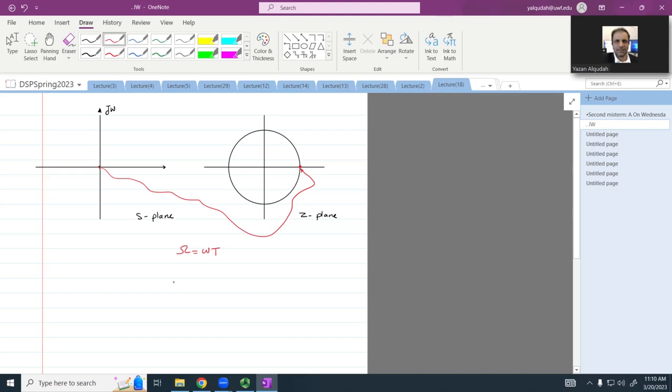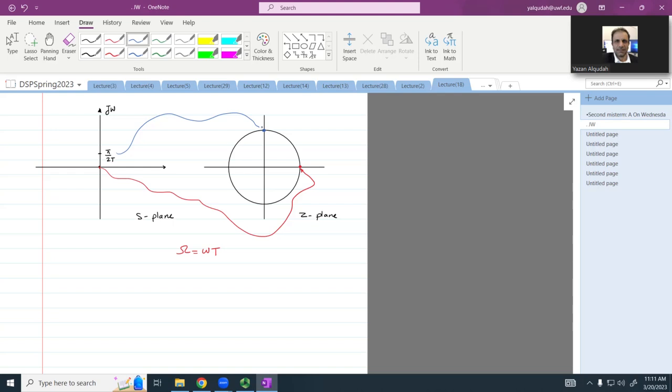Okay. If I increase my frequency, and now I am operating at pi over 2T, what is that going to map to on the unit circle? It's going to go to pi over 2. Therefore, it's going to map to this point here. Agree? Again, pi over 2T times T is going to be pi over 2.